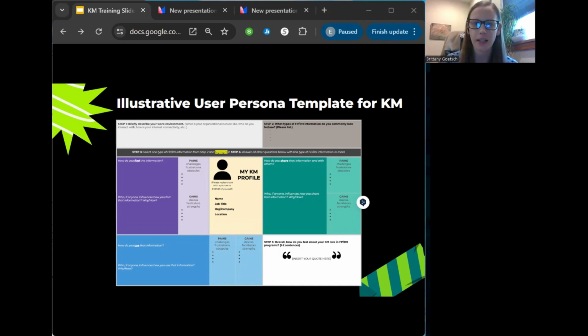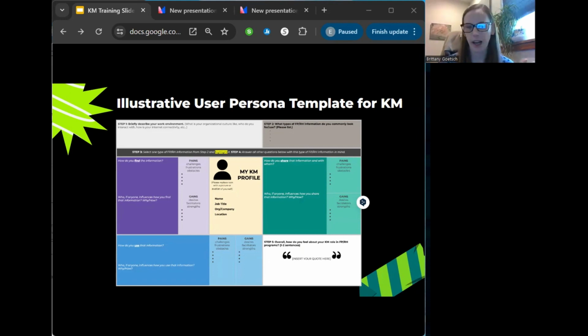And then it gets into more specifics, right? So step 3 is to select one type of FPRH information from step 2 and to highlight it, right? And then to really answer the questions below using that information in mind.